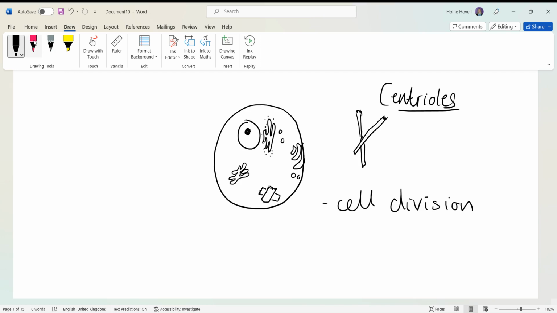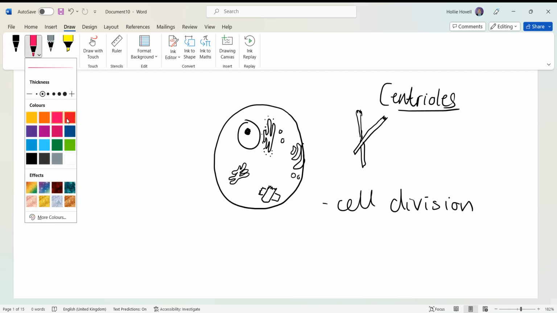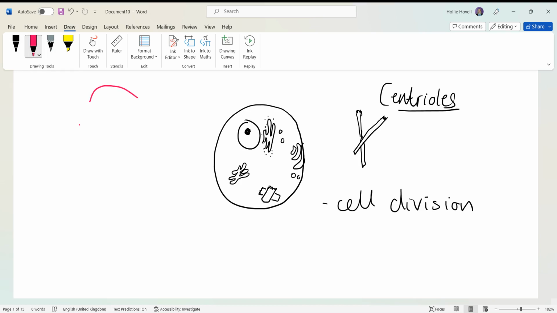And you remember something about mitosis. When the cell divides by mitosis, if this is our cell, then our chromosomes line up in the middle on what we call the equator of the cell. And then the centrioles, which is what we're learning about now, are at the poles of the cell. So we've got a centriole here, a centriole here. They're the poles of the cell.